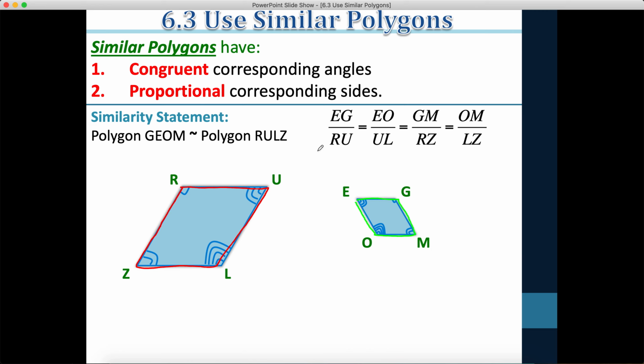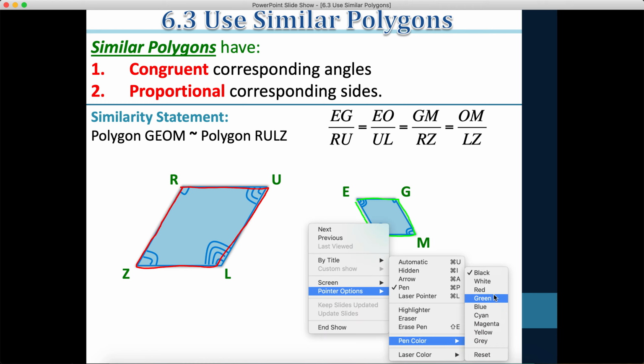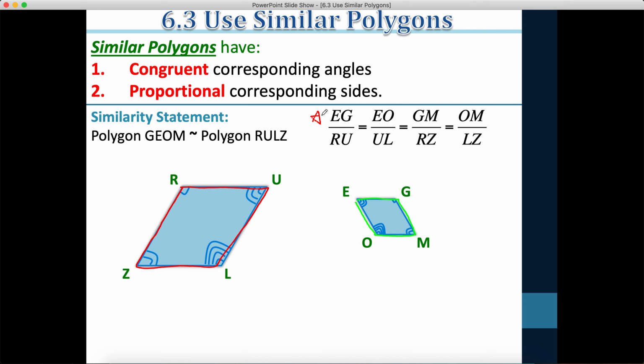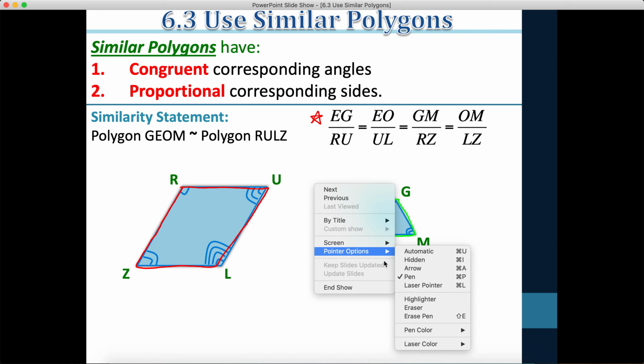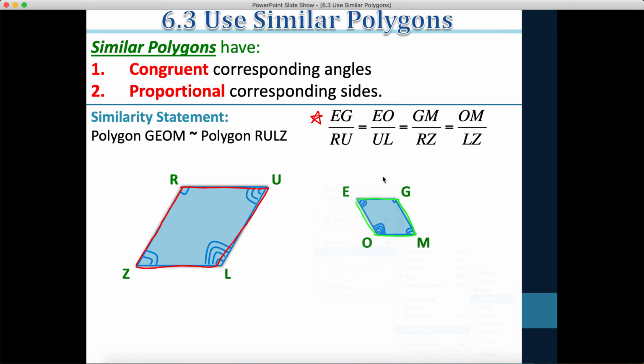If I'm dealing with ratios, what we talked about in section 6.2 and even 6.1 was ways that we could establish ratios, or proportions rather, where we can say this ratio is equal to this one, and then we can solve. So for instance, EG is the first two letters of the left polygon, RU is the first two letters of the right one. So what I can say here is that every ratio that I take from red polygon to green polygon is going to be of the same proportion.